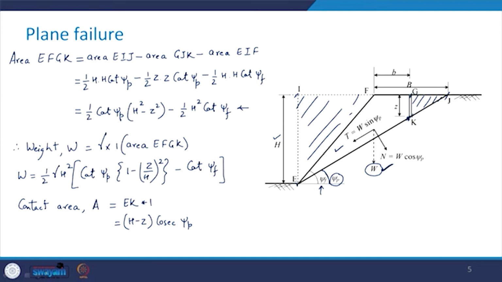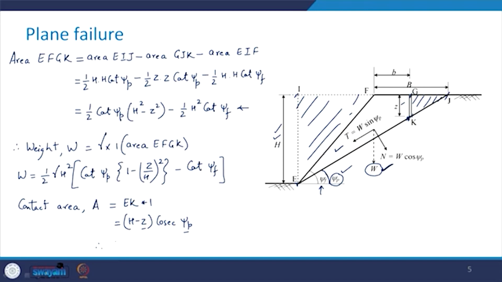So, what we are doing is, EK I can write as EJ minus JK, and you know this angle psi p, you know h, you know z, and in terms of h, z and psi p this can be written.